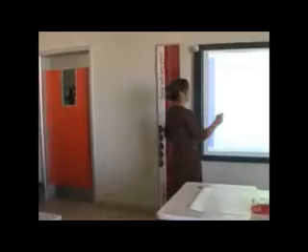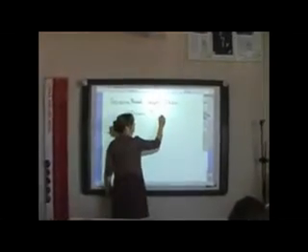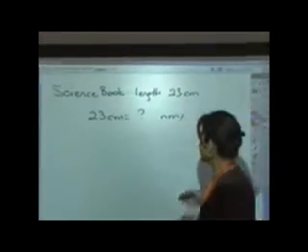I want you to convert the unit into nano. 23 centimeters is how many nanometers? Remember that 1 nanometer is 10 power minus 9 meters.